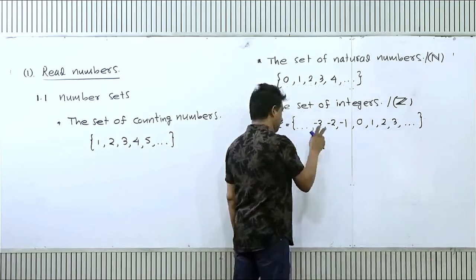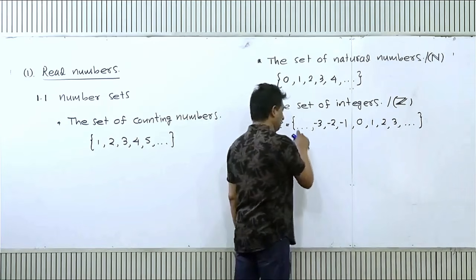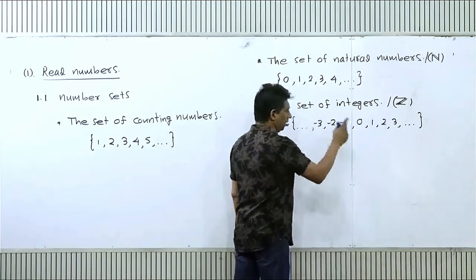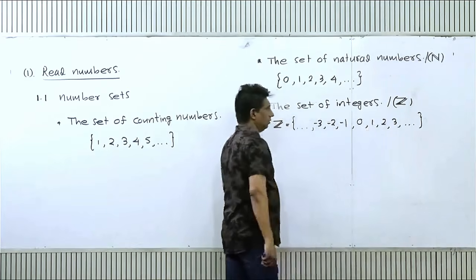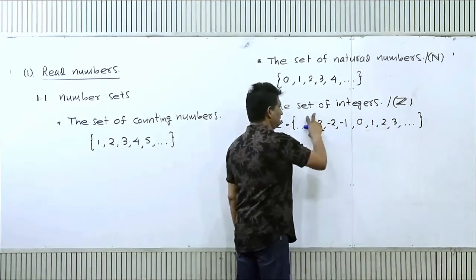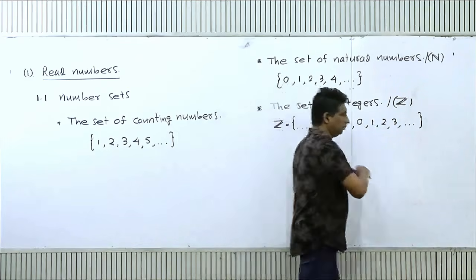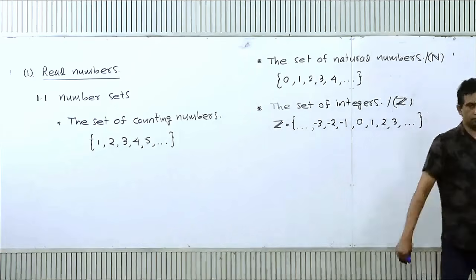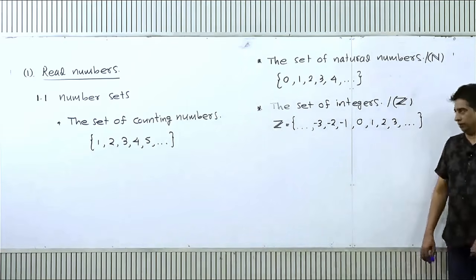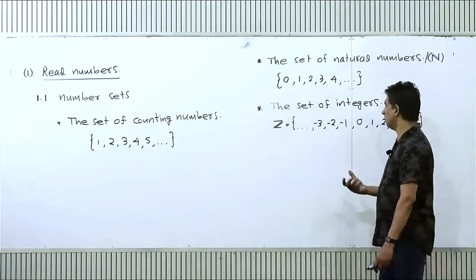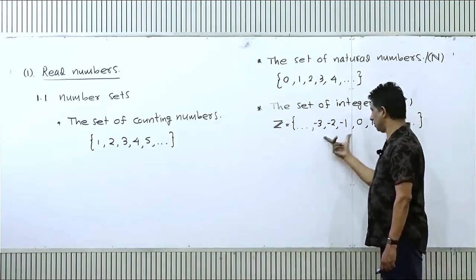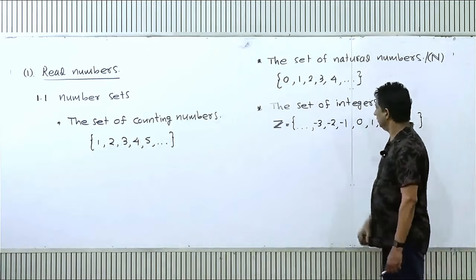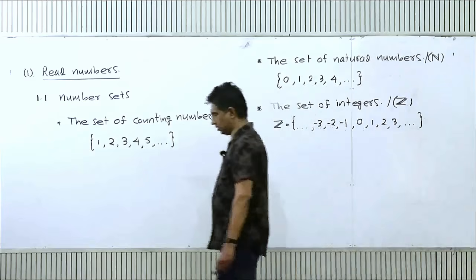In this case, we have to start with 3 dots and end with 3 dots. This is the way we have to write the set of integers. Okay, so write it this way.